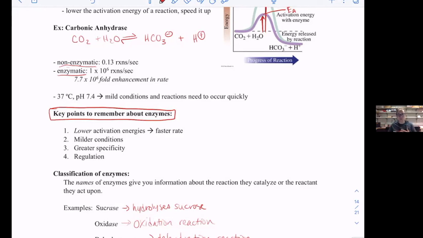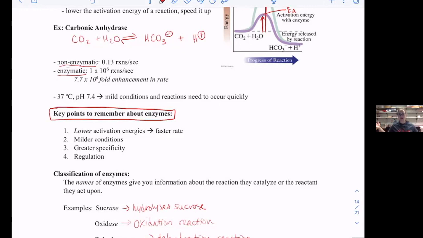There are way more reactions that enzymes can do than just what we've talked about so far in terms of types of chemical reactions. There's way, way, way more. So these enzyme catalysts allow for very specific reactions to occur. And then lastly, regulation. Enzymes are responsible for regulating.